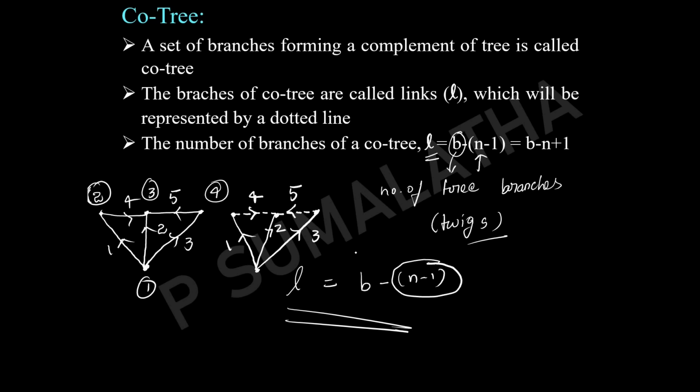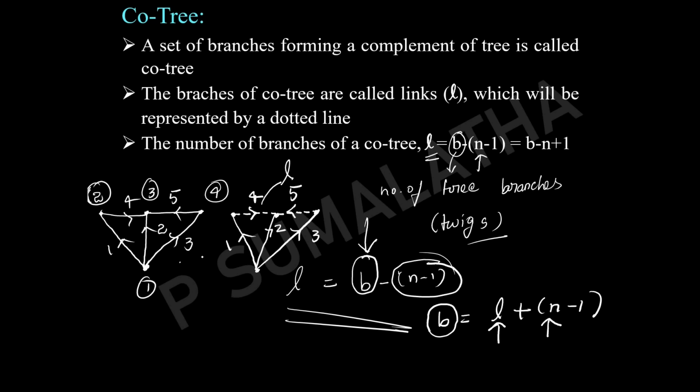The branches of the tree will be equal to n minus 1 and the branches of the cotree will be called L. Therefore, the total number of branches present in the graph, B, will be equal to L plus n minus 1. That means the branches of the cotree plus the branches of the tree will be equal to the total number of branches present in the graph.